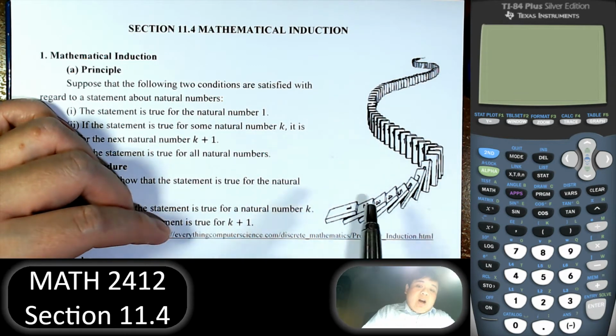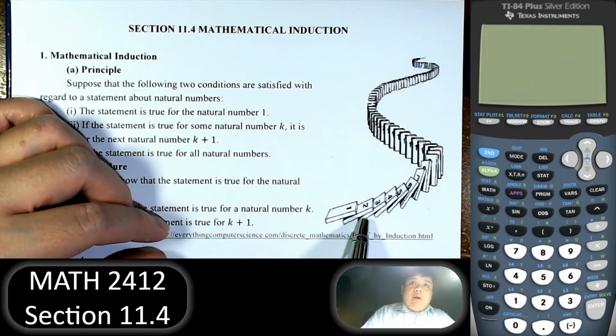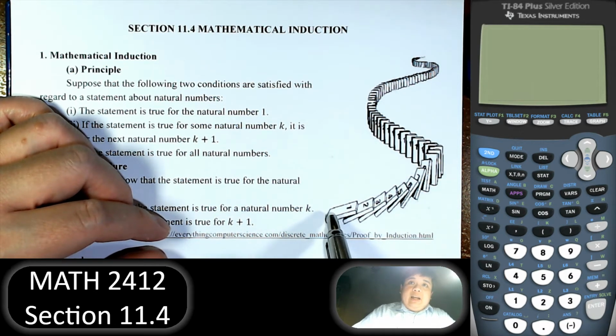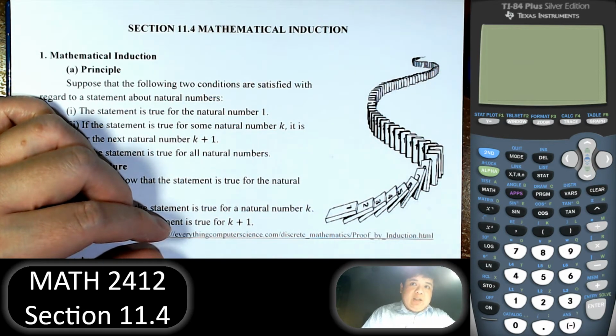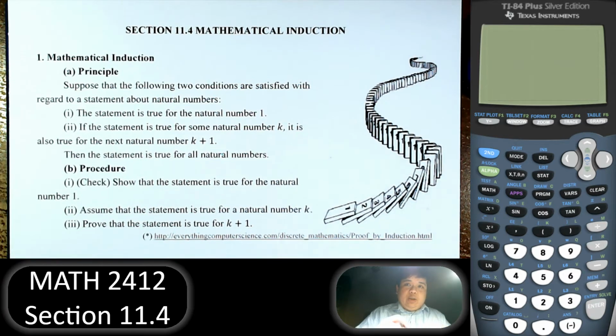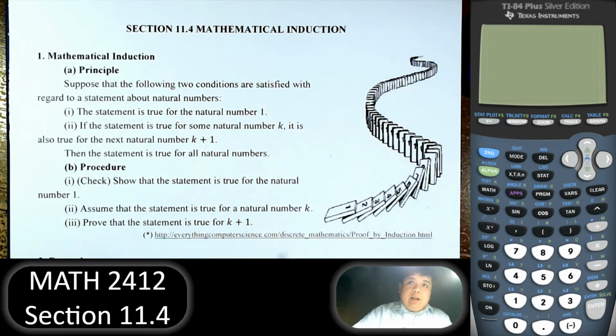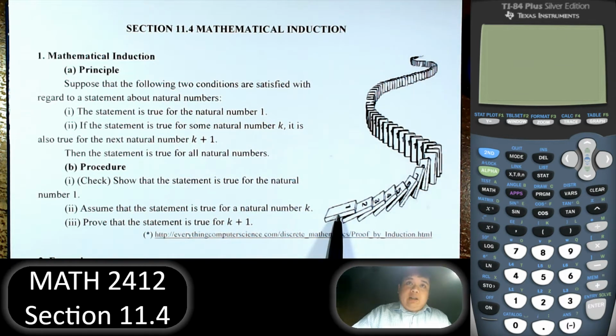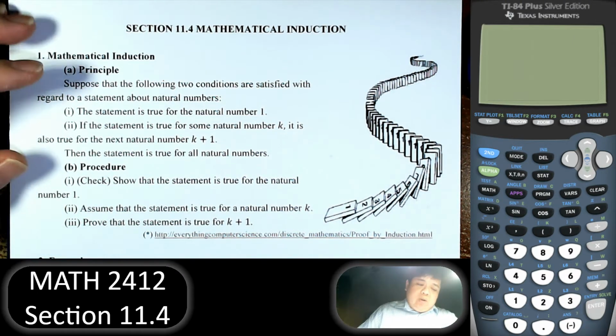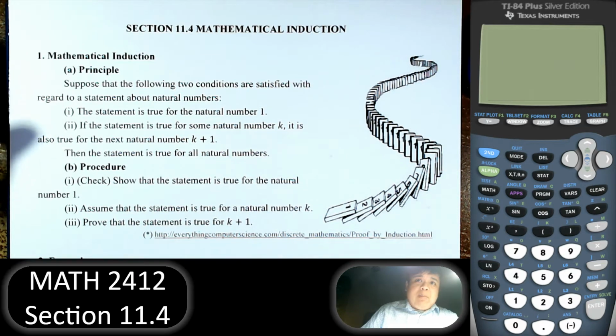And we start with the first one falling, then everything will fall, right? So we just need two things to prove that everything falls. The first one is true, and if one of them is true, the next one is true. So that is the principle of mathematical induction.